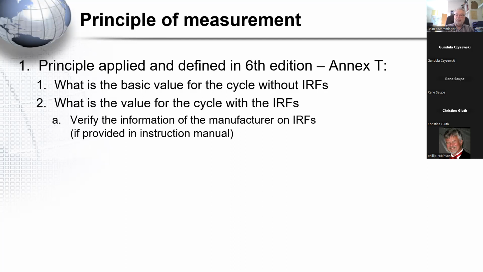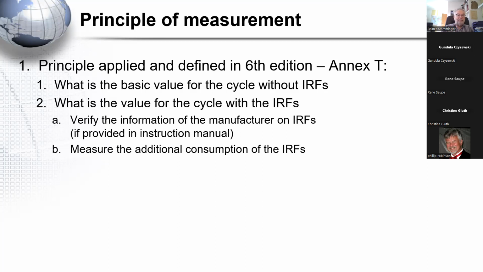So for example, on the water hardness, the consumer for sure should know how much additional water is needed when he is living in a soft water area or when he is living in a hard water area, because this additional amount of water can be much higher than what is saved by the water softener. So we want to verify if the information as given by the manufacturer is correct.